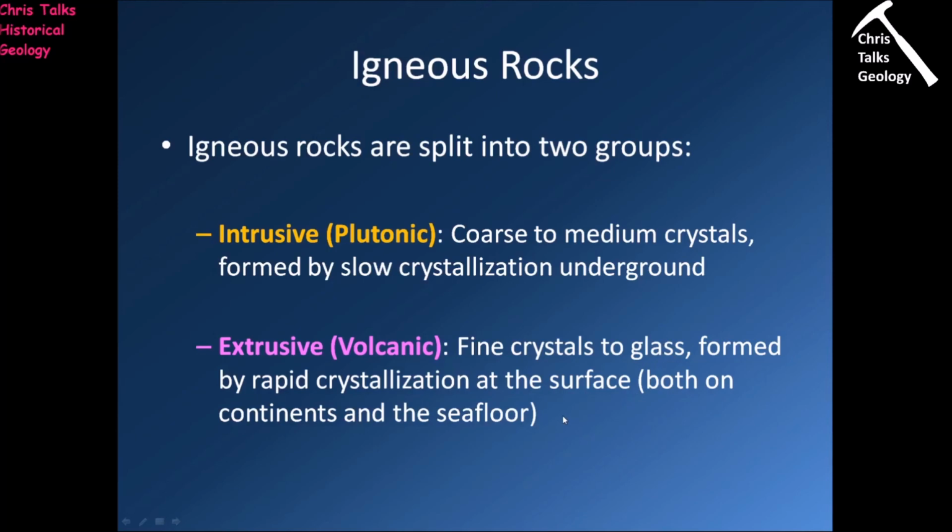Or if it does give crystals time to form, those crystals don't have time to grow, so they're going to end up being very, very fine. Either way, you cannot see the crystals in an extrusive igneous rock. So straight away, when we look at an igneous rock, we can split it into these two groups instantly, depending on whether we can see the crystals or not.